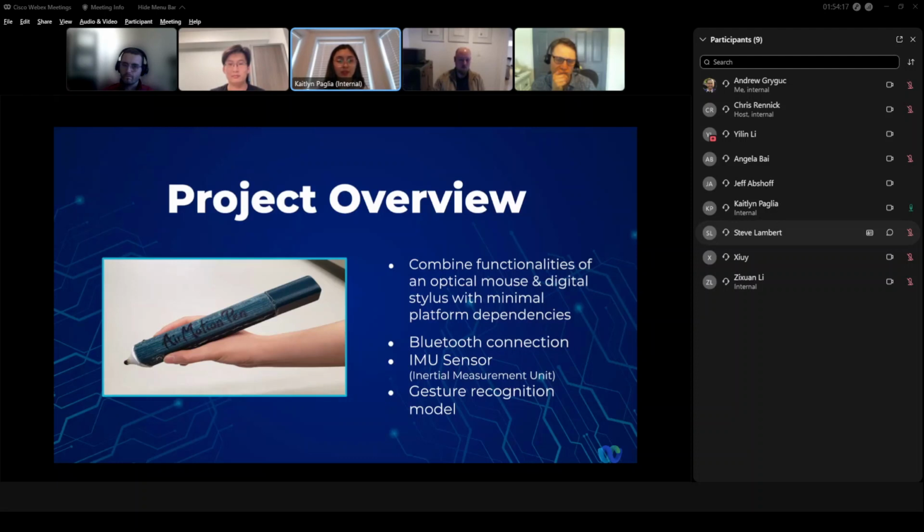So how did we achieve this? We implemented a Bluetooth connection and an IMU sensor to wirelessly obtain 6 degrees of freedom inputs and detect the motion of the device. Using these inputs, we leveraged machine learning to create a gesture recognition model to translate the motions and gestures performed by the user into stylus and mouse functionalities.